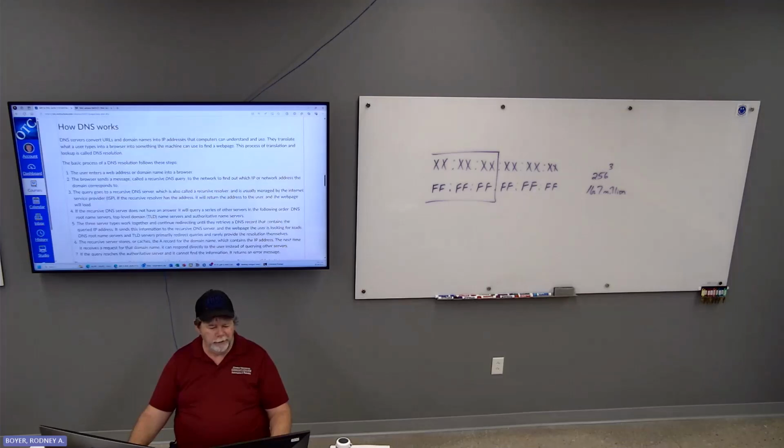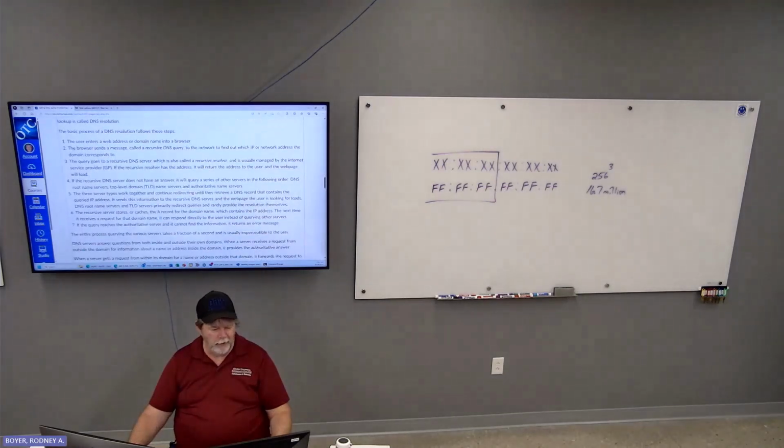Whenever you want to go visit a web page, you say, I want to go to Amazon.com. And the browser sends a message known as a recursive DNS query to the network to find out what the IP address, or the network address, that domain corresponds to.